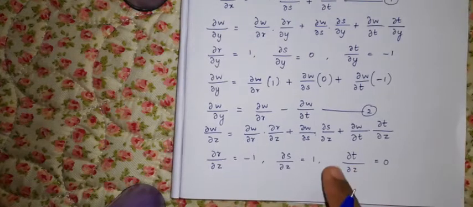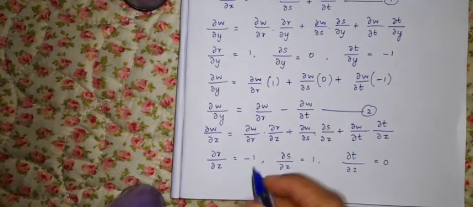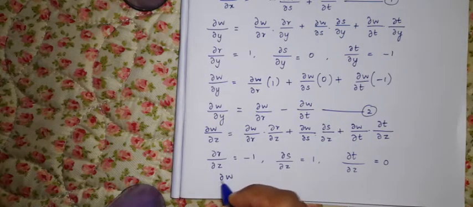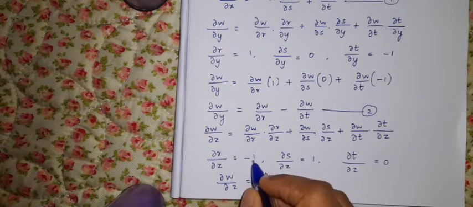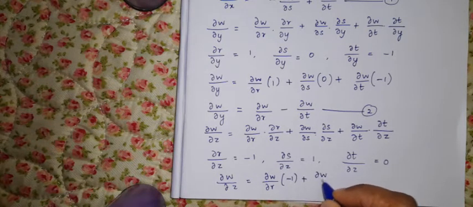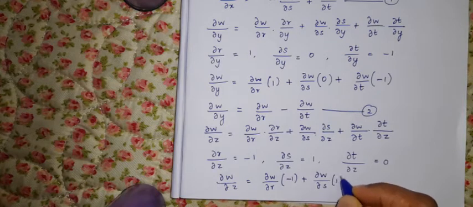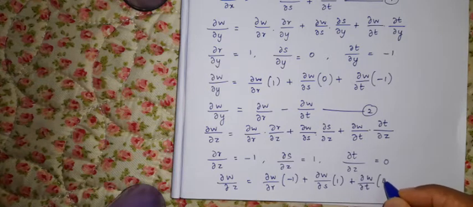Now we found all these values. Just substitute these values in this equation. So we'll get ∂w/∂z is equal to ∂w/∂r into minus 1 plus ∂w/∂s into plus 1 plus ∂w/∂t into 0.